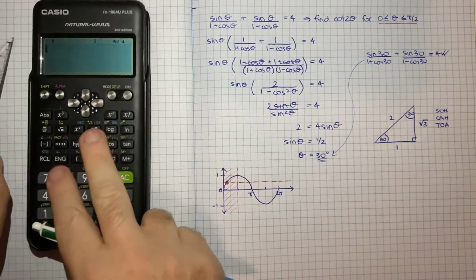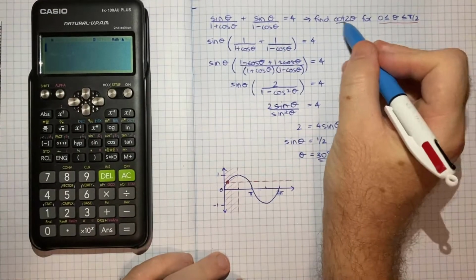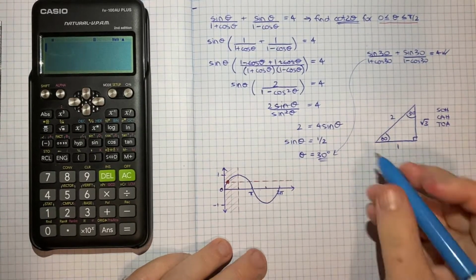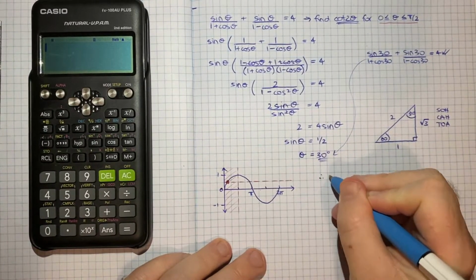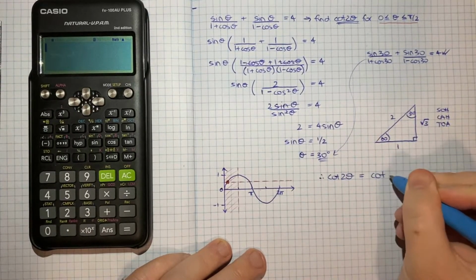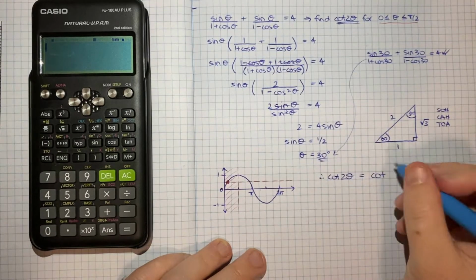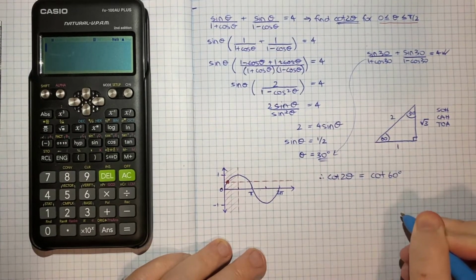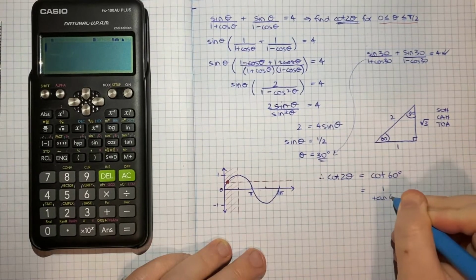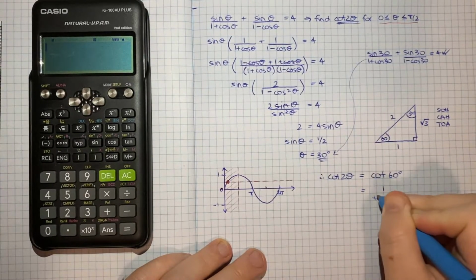So now we can get to what we're really wanting to work out, which is cot of 2 theta. So what we can say is cot of 2 theta would be cot of 60, because 2 times 30 is 60. Cot by definition will be 1 on tan. So we're going to have 1 on tan of 60.